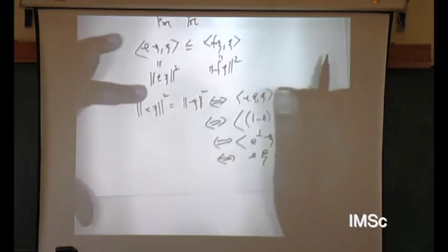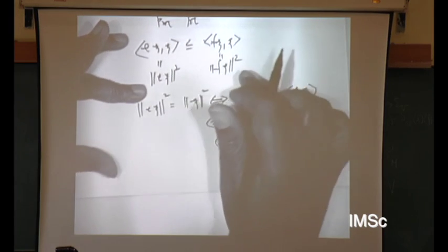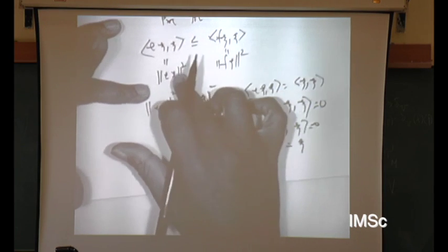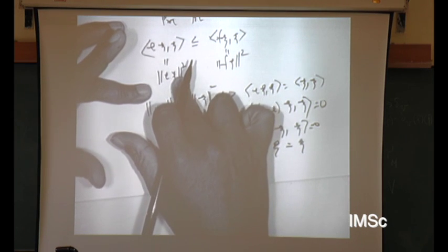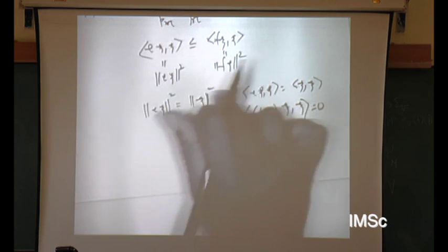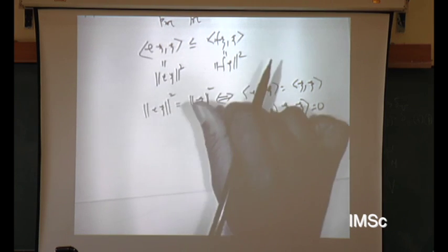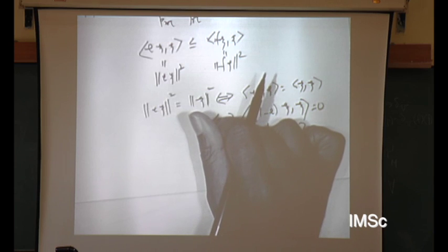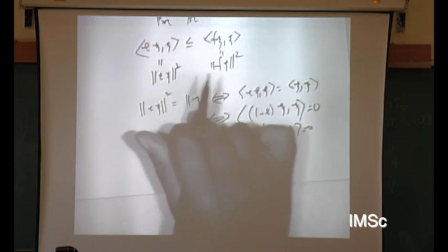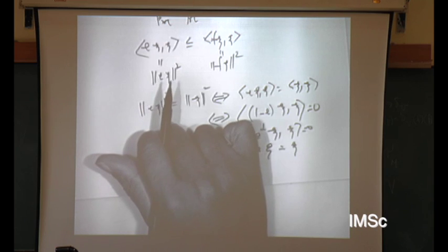Okay, so in particular, this will say that if we take any xi in the range of E, norm E xi will be equal to norm xi. That means norm F xi should also be equal to norm xi because F is a contraction. So E xi equals xi means F xi equals xi.